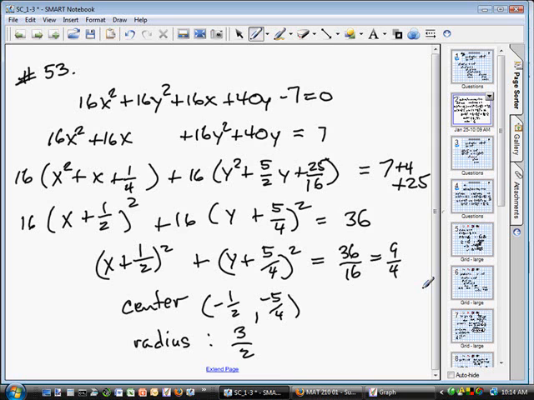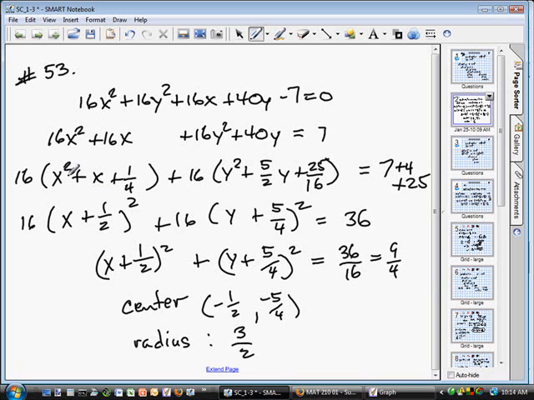Can I ask a follow-up to this? Go ahead. On the right side of the equation, when you add 4 and 25, normally when you complete the square, you add the square of half the middle term. So for the first part, you would normally add a quarter to the side. Why did we add 4 and 25?